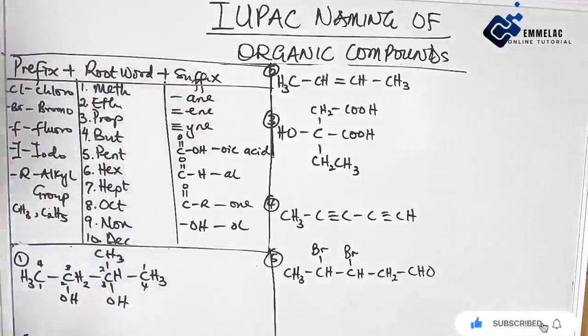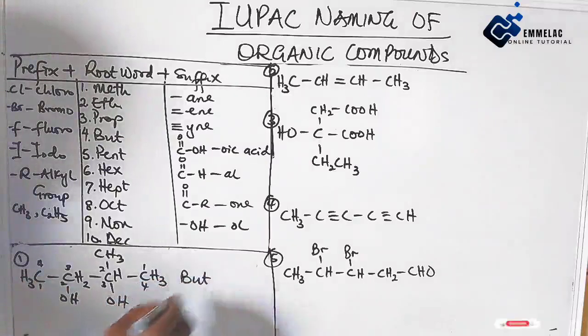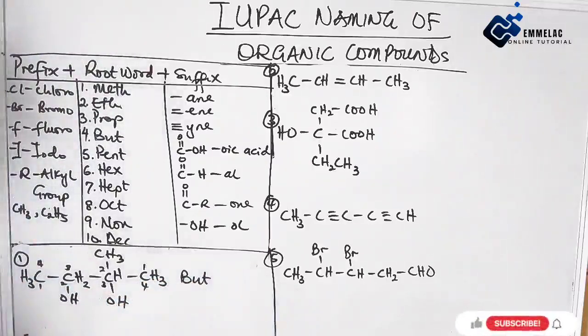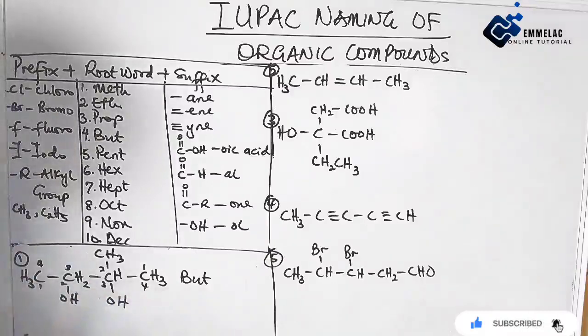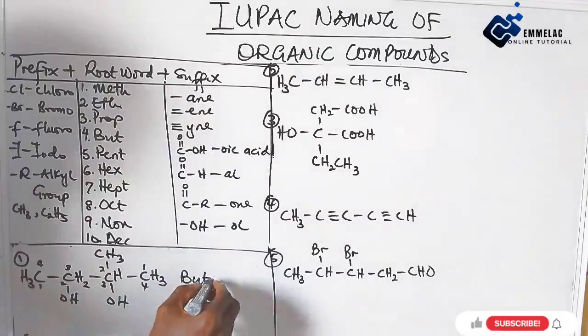Now since here we have 4, this will be butane. Now we'll move to the suffix. Since the suffix is one single chain, single bonding rather, that will be ane.